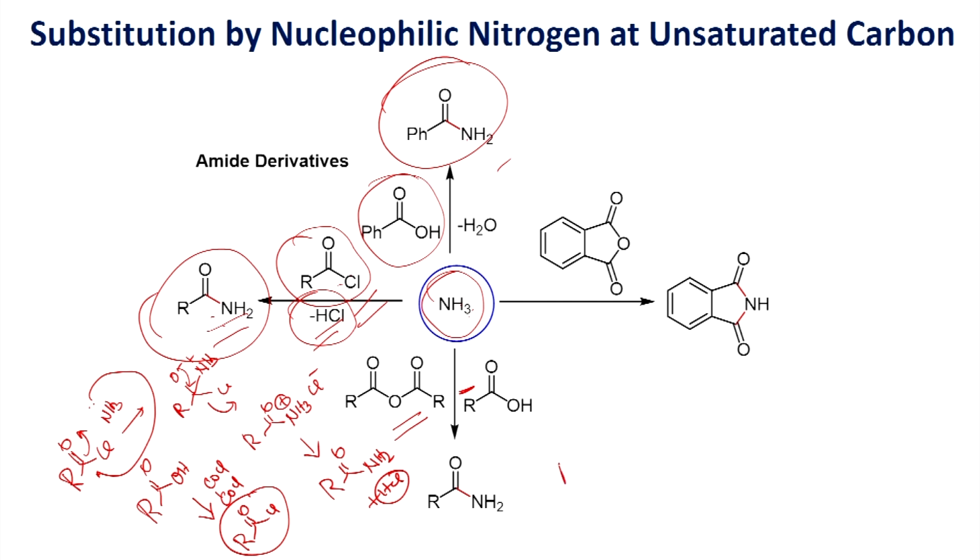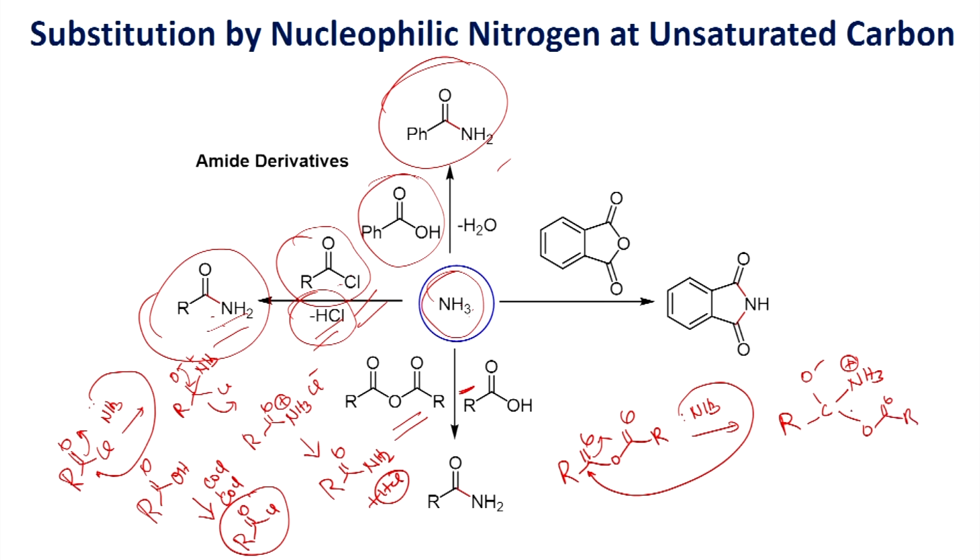In this case, this salt can now lose this proton, and then you will be able to form amide plus carboxylic acid as a byproduct.